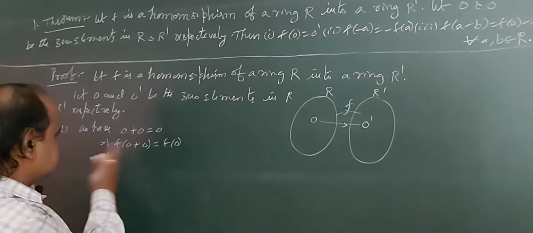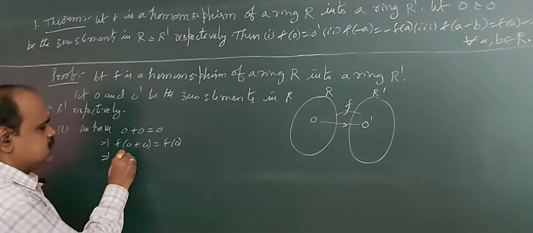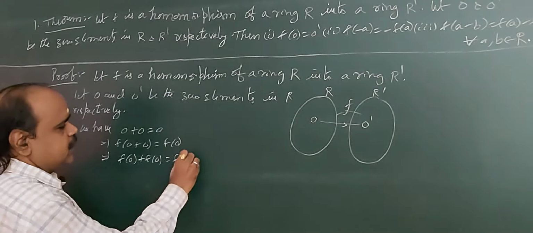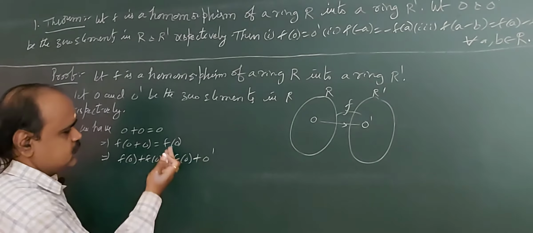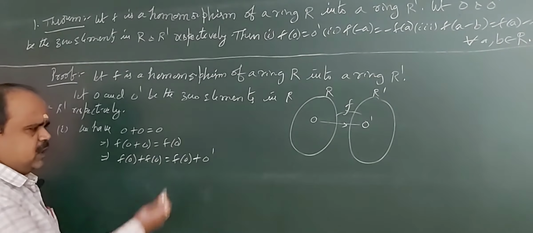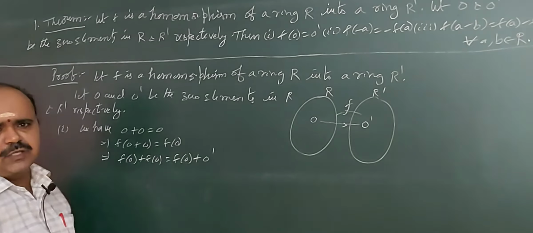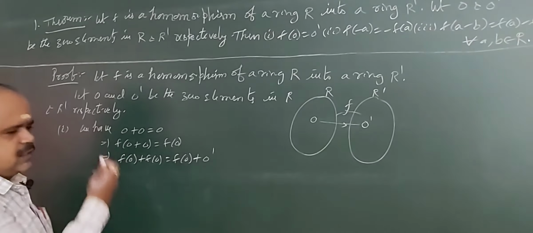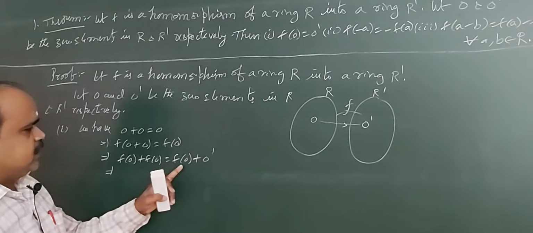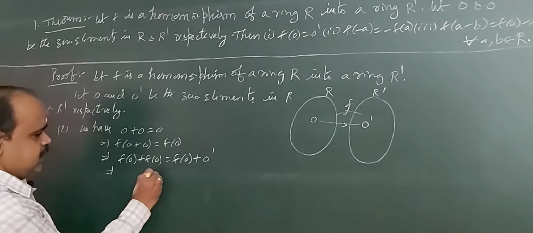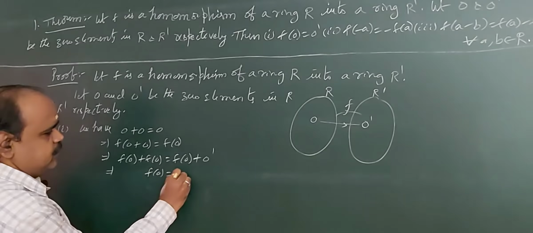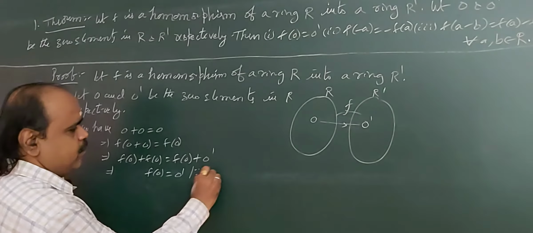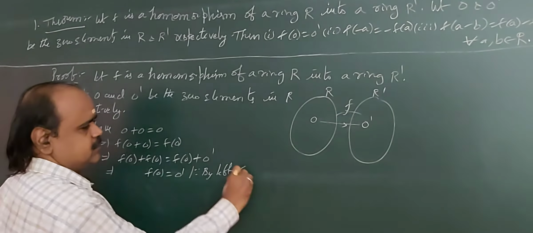In the like manner, split it: f of 0 plus 0 means f of 0 plus f of 0 equals f of 0 added with 0 dash, that is f of 0 plus 0 dash, which is again f of 0. So by left cancellation, f of 0 gets cancelled, and we remain with f of 0 equals 0 dash.